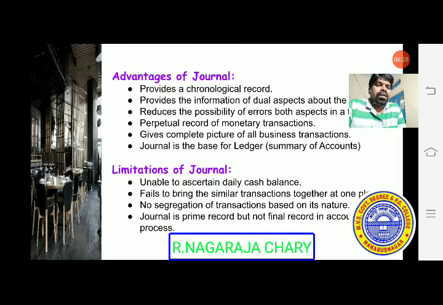Next one, journal is the base of ledger. Journal is the base of ledger. So generally, journal is known as a primary book. So based on journal information, ledger can be recorded.